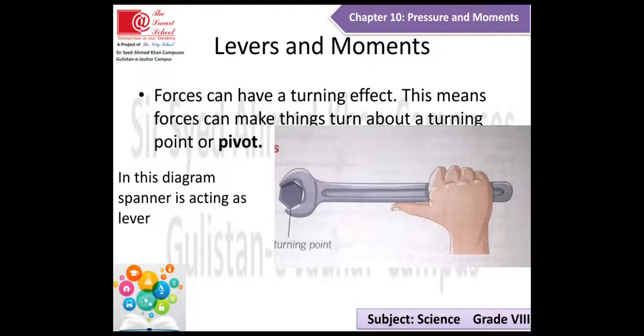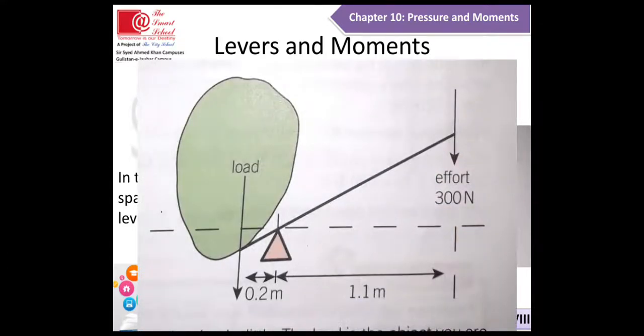Basically, what is a lever? A lever is a simple machine. It helps to make work easier. In this diagram, a small force, effort, at the end of a long lever can overcome a large force, load, close to the pivot.